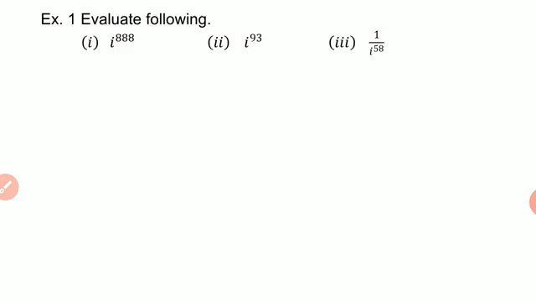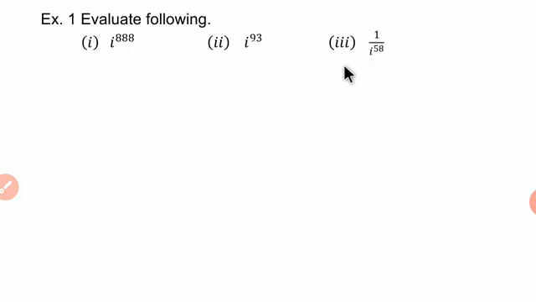See the first example. The common instruction is evaluate the following. First example is i raised to 888. Second one is i raised to 93.